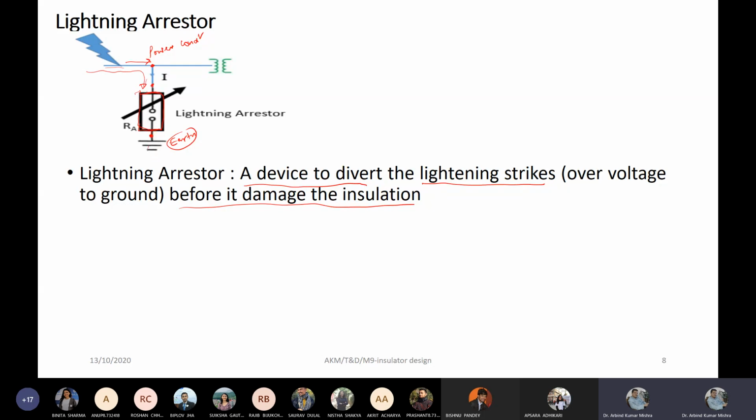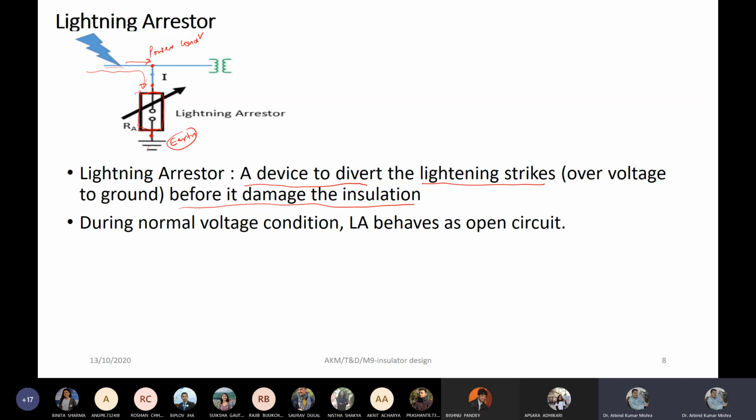So the basic feature of this lightning arrestor is, during normal voltage condition, that means when the voltage around it is the power frequency normal voltage, it behaves like an open circuit. So the resistance offered by this lightning arrestor under this condition is infinity, which means it is open circuited.